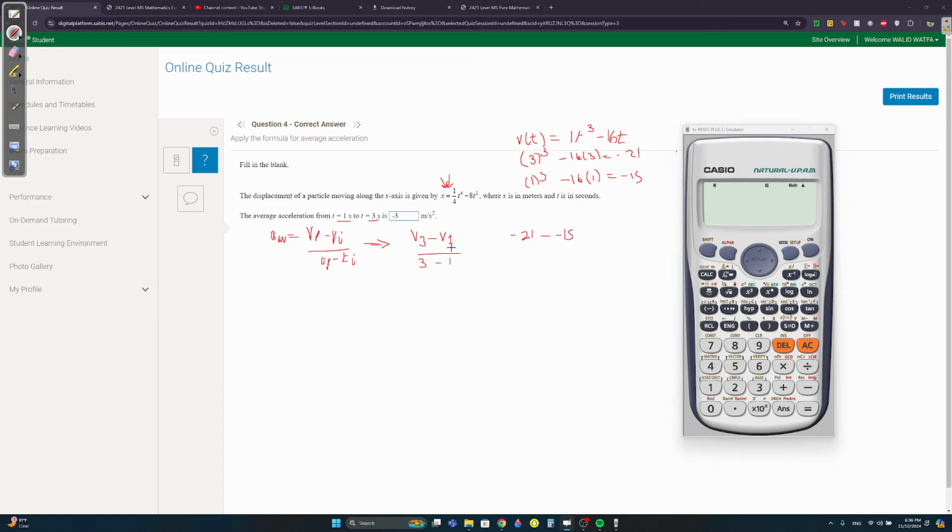This is why I thought I got it wrong, because there's this minus. I didn't pay attention. Minus minus should be a plus. Over 3 minus 1, 2. You're going to get minus 21 plus 15, which is minus 6, over 2, and you get minus 3.